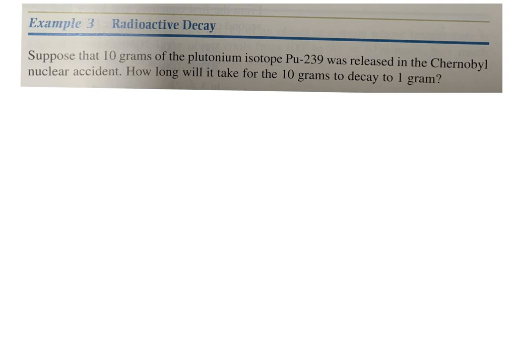Suppose that 10 grams of plutonium, and they gave me the isotope because there's different types, 239, which is the one that we have up there, was released in the Chernobyl nuclear accident. How long will it take for 10 grams to decay to 1 gram? All right. How long will it take? All right. So we start with 10.